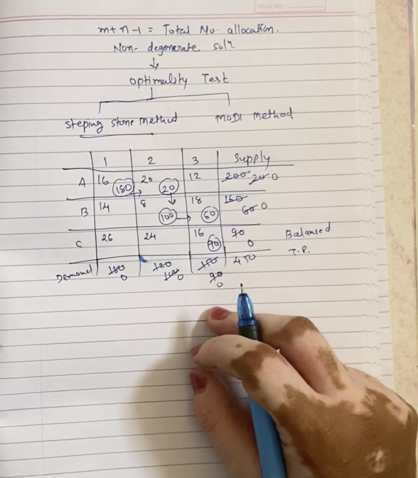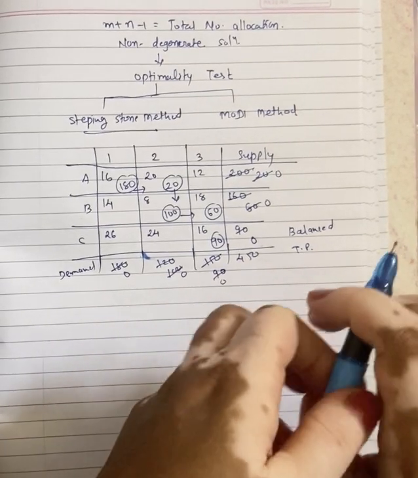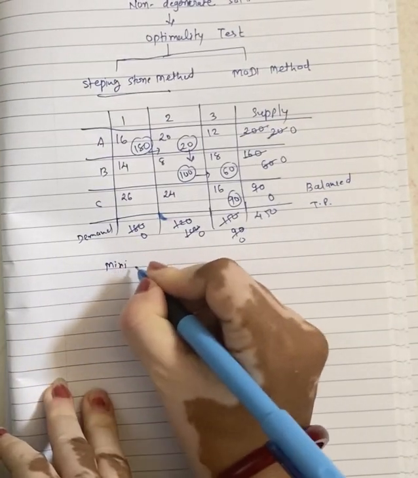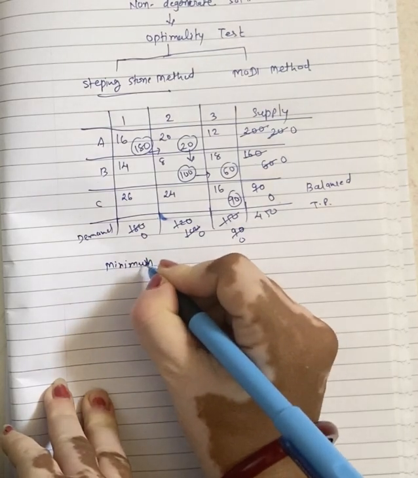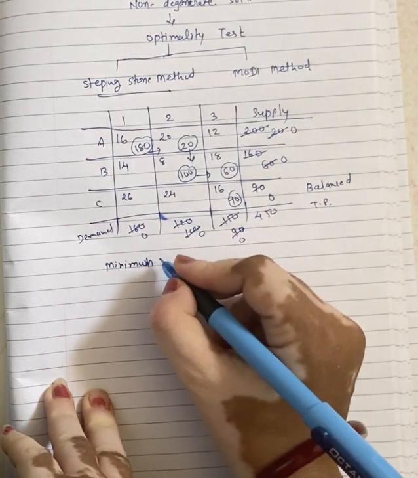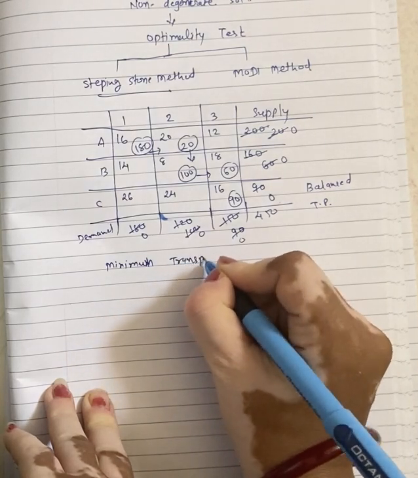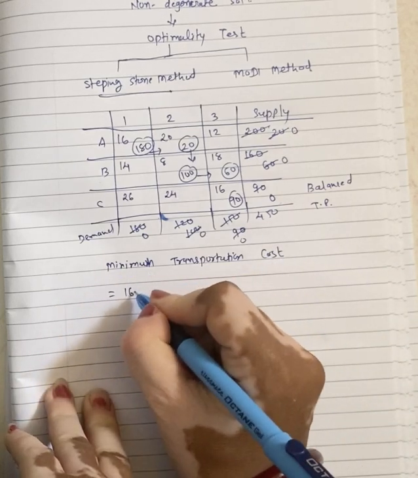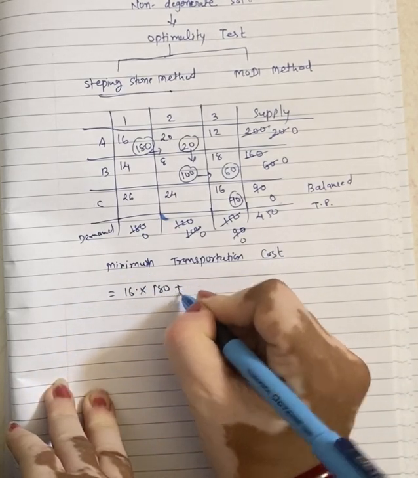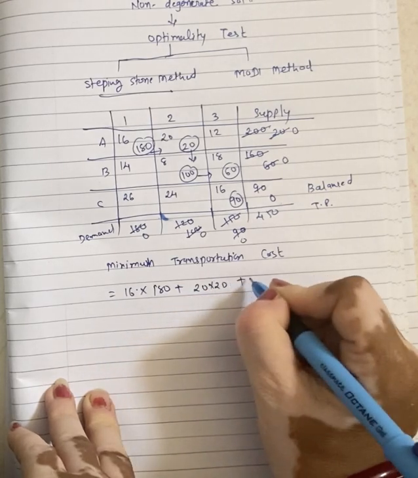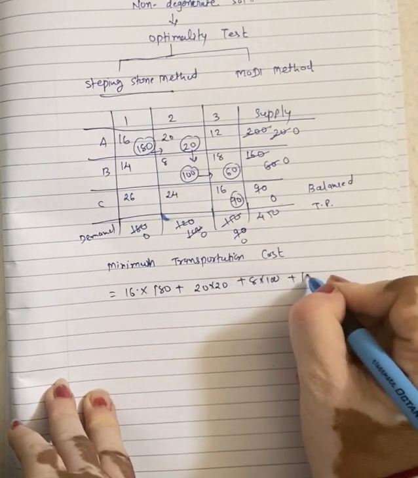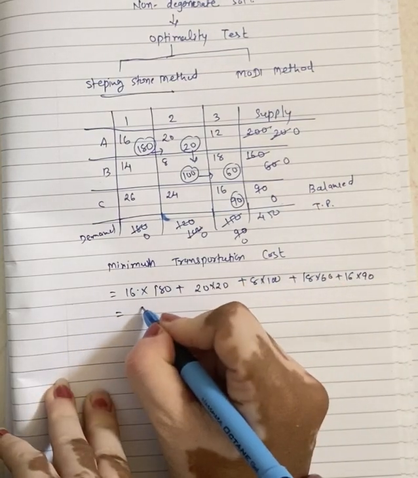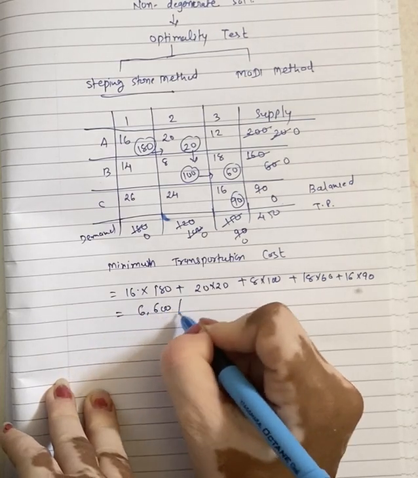Now we find the total transportation cost, that is the minimum transportation cost. It is 16 into 180 plus 20 into 20 plus 8 into 100 plus 18 into 60 plus 16 into 90, and that is equal to 6,600 rupees.